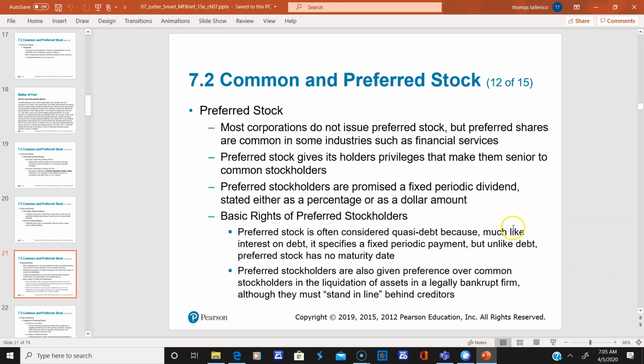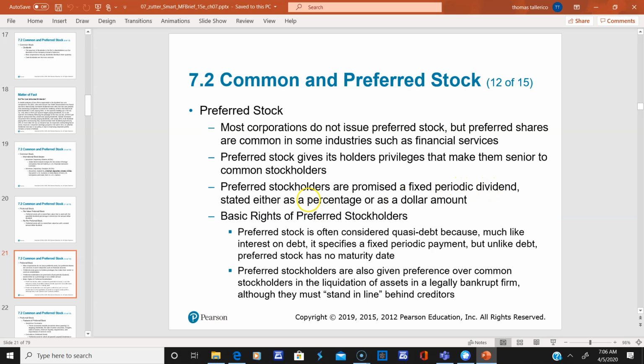All right, so with regard to preferred stock, you don't see them a lot, but some companies will have them. It all depends. What they do is give its holders privileges that make them senior. Preferred stock is senior to common stockholders, and they're promised a fixed periodic dividend.